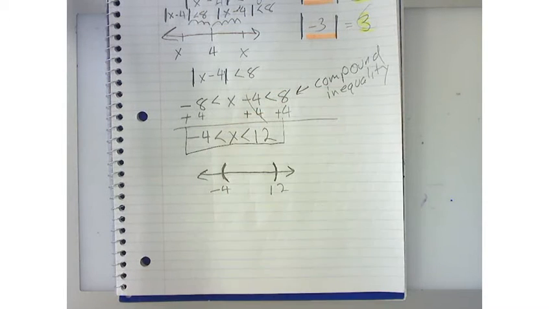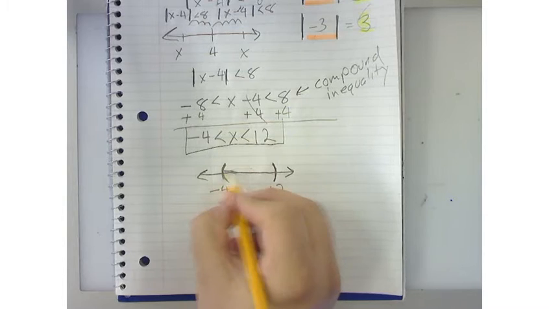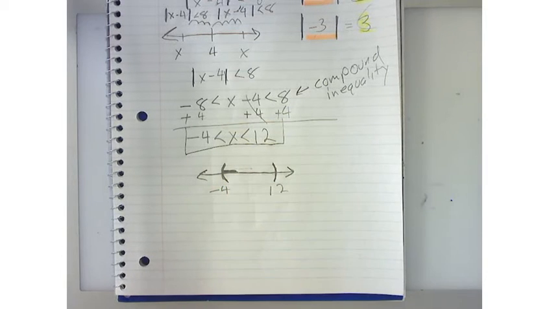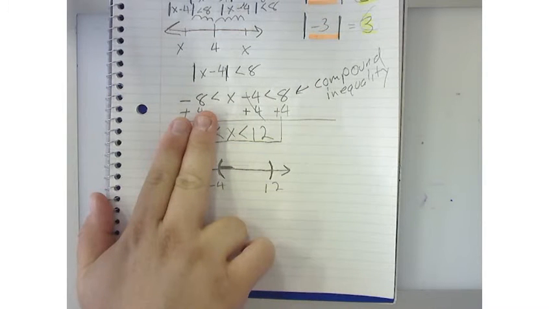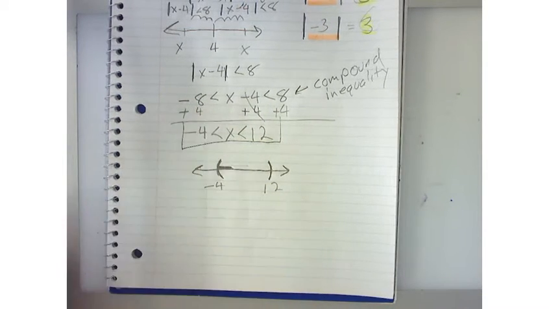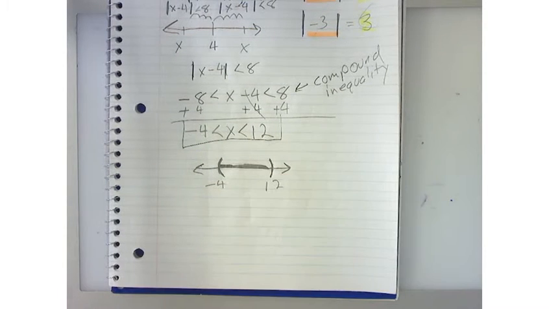So 6 is to this side of 4, right? So from here we're going to go this way. Now, what about this? What number could I plug in here to make this statement true? 6, right? And 6 from 12 is this way. So this is how you fill that in.